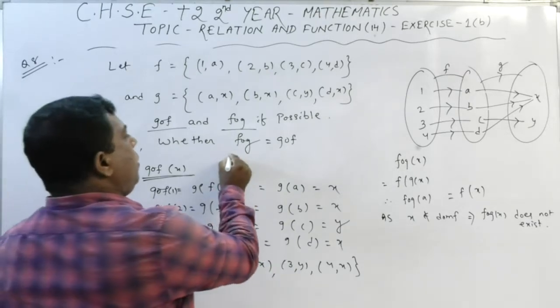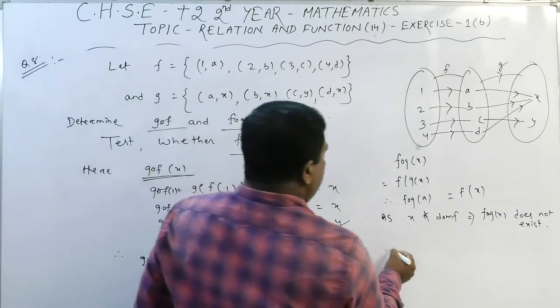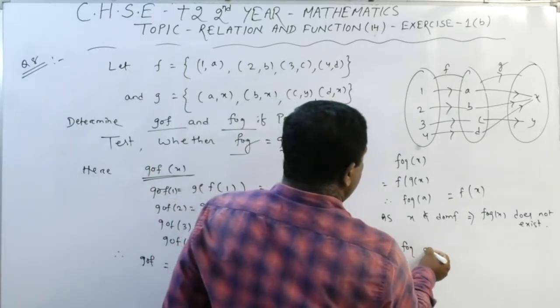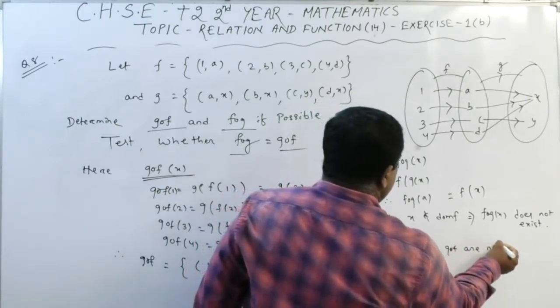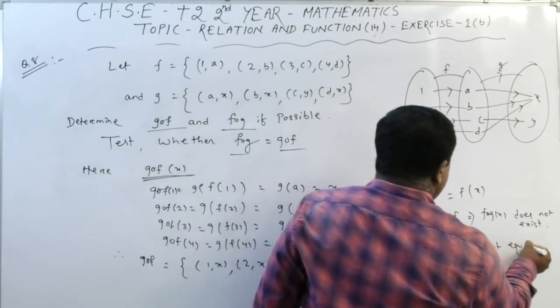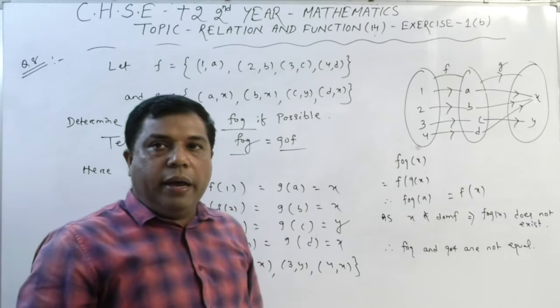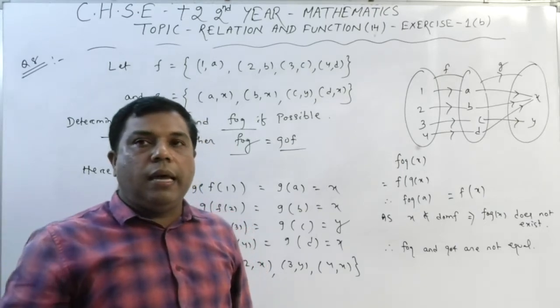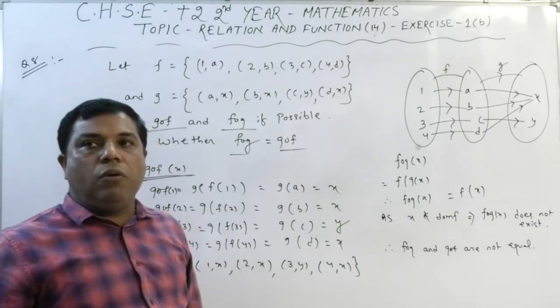So whether f∘g is equal to g∘f? Yes, they are not equal. Therefore, f∘g and g∘f are not equal because f∘g does not exist already. Okay. Equality happens when they have the same domain elements or the same image elements, but here the functions are not equal with each other.